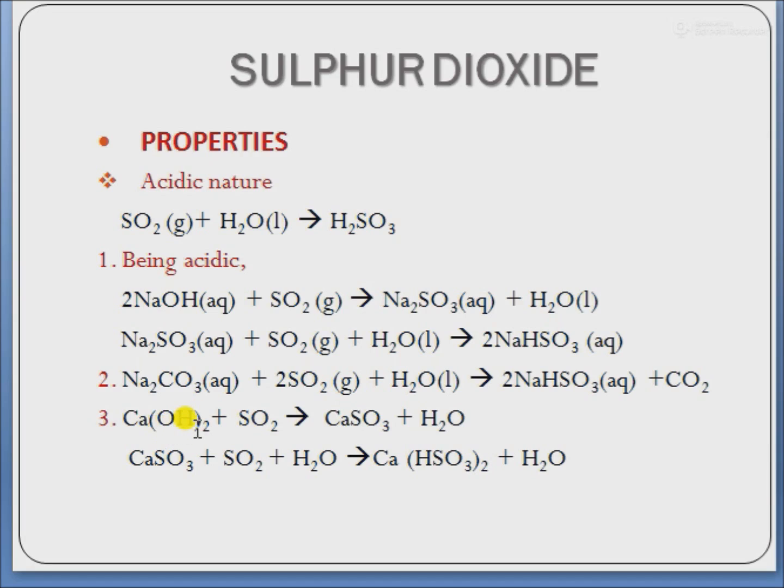Calcium hydroxide means slaked lime, in which SO2 is passed, then it forms calcium sulfite, due to which it turns into a milky solution plus water. When we pass this SO2 for a long time, it changes into calcium bisulfite and the milkiness disappears, plus water.